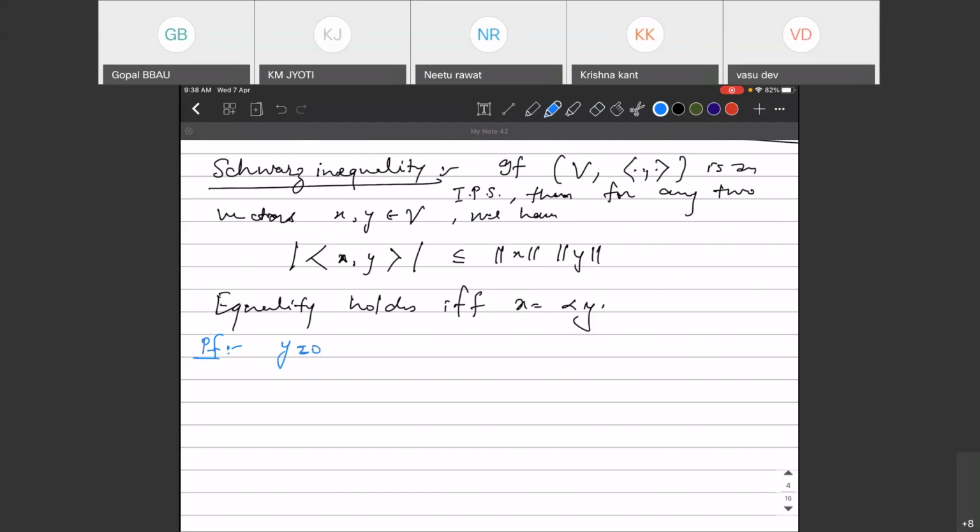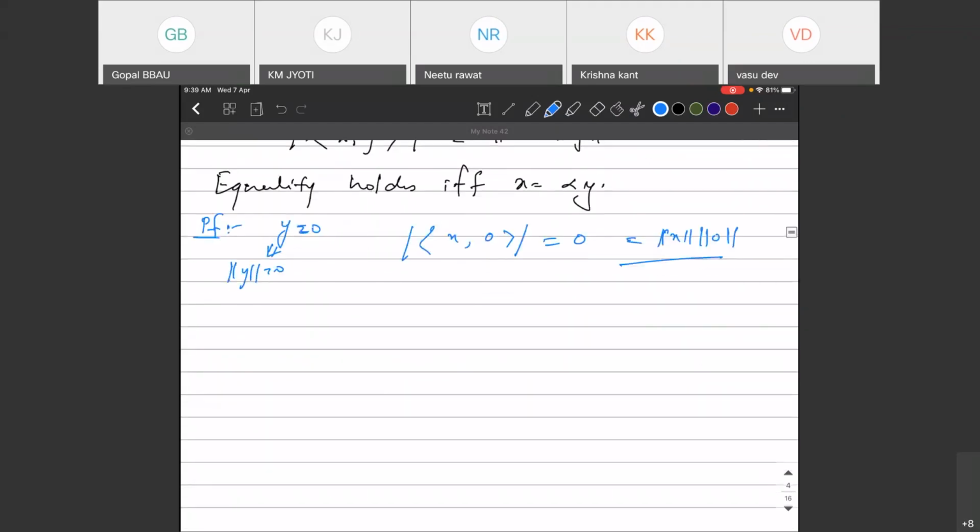Suppose y equal to 0, then there is nothing to prove because (x, 0) is 0, and when y is 0, norm y is 0. So both the right hand and left hand sides are 0. There is nothing to prove. So let's take y non-zero.